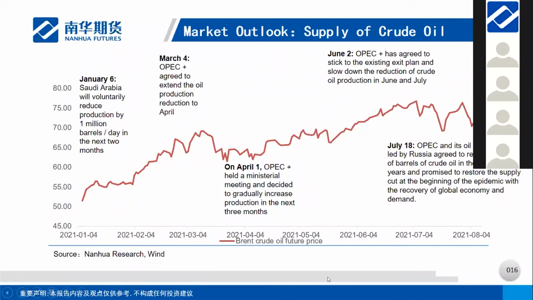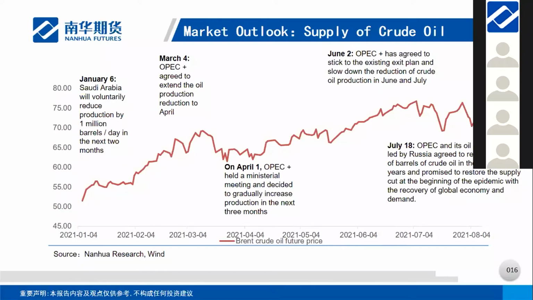Especially in January, affected by the deterioration of the regional epidemic, the supply and demand structure shows signs of reversal, with a supply surplus of about 1 million barrels per day, the first time since June 2020.